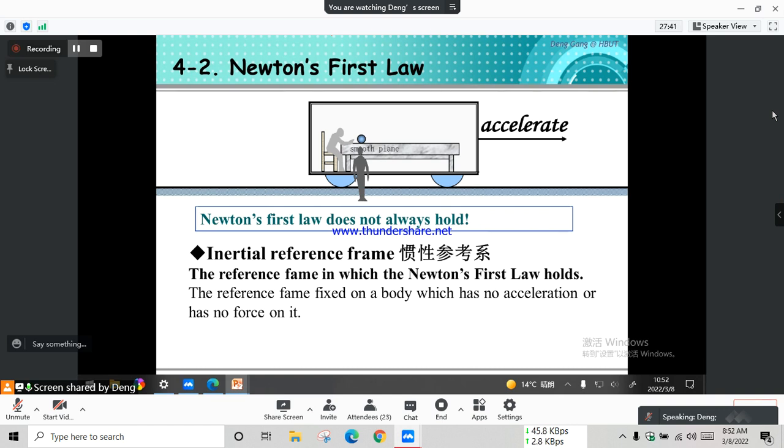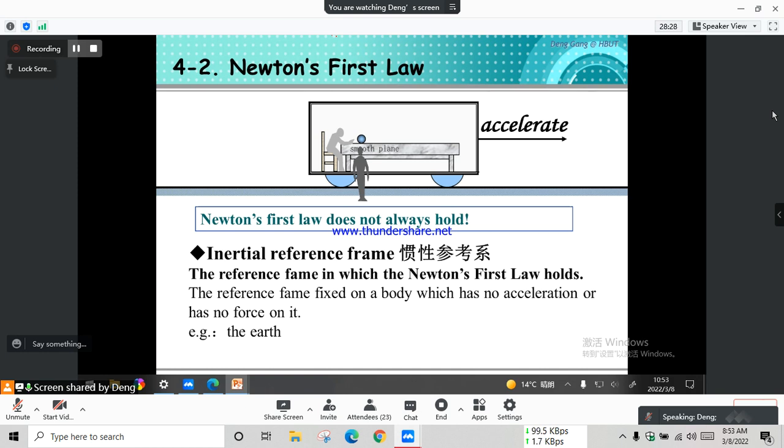The desk has no acceleration relative to the ground, and the net force on this desk should also be 0. If we choose this desk as a reference frame, that is an inertial reference frame. And if we choose the ground as a reference frame, that is also an inertial reference frame. But if you choose the train, that is not, because the acceleration of this train is not 0. So that's the inertial reference frame.